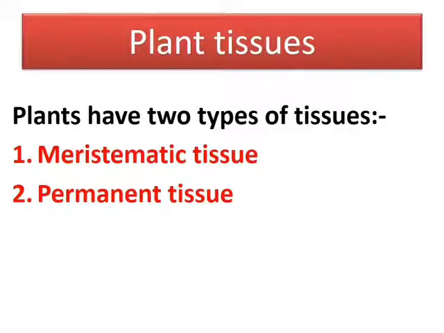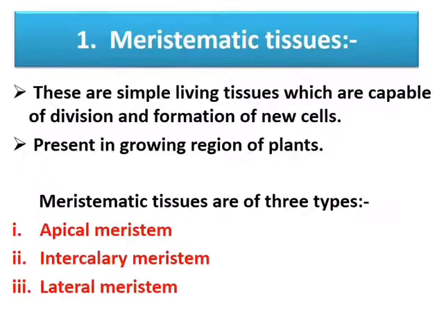In my previous lecture I told you the types of plant tissues are: first is meristematic tissue and second is permanent tissue. Now my dear students, what do you mean by meristematic tissues? Meristematic tissues are simple living tissues which are capable of division and formation of new cells.